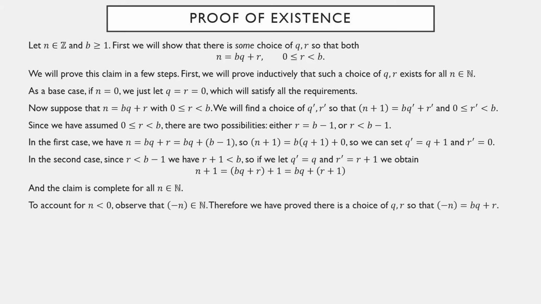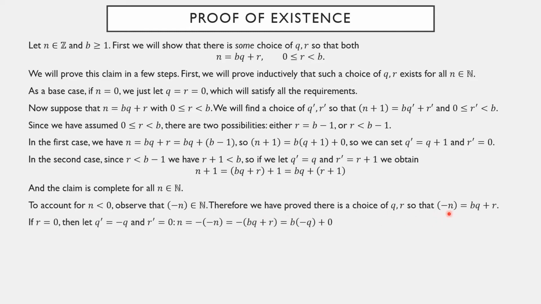But what about negative integers? Well, if n is negative, then negative n is a positive integer. Specifically, it's a natural number. So if n is negative, negative n is a natural number and therefore can be written as bq plus r. Don't make the mistake of thinking that because this term has a minus sign in front of it, it must be a negative number. If we assume that n is negative, this is now a positive number.